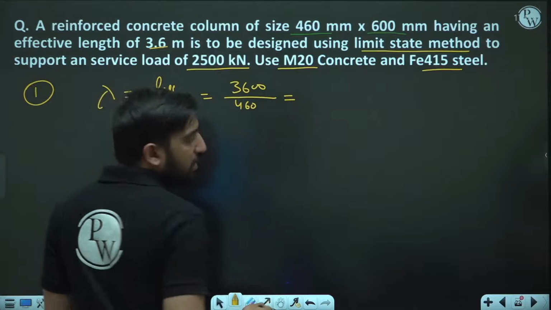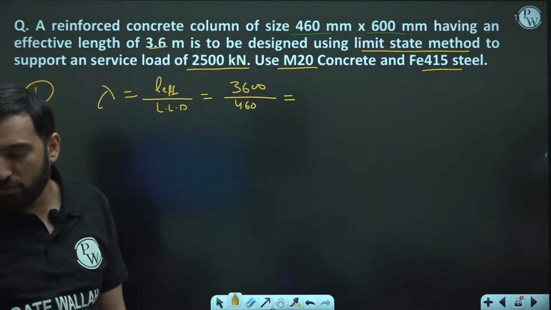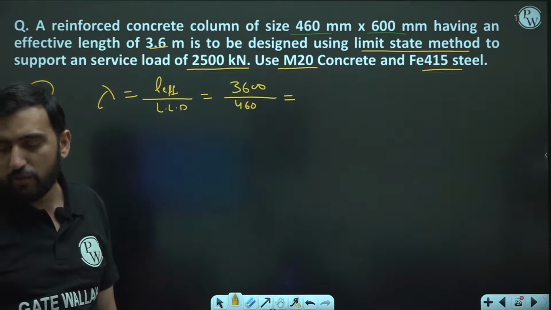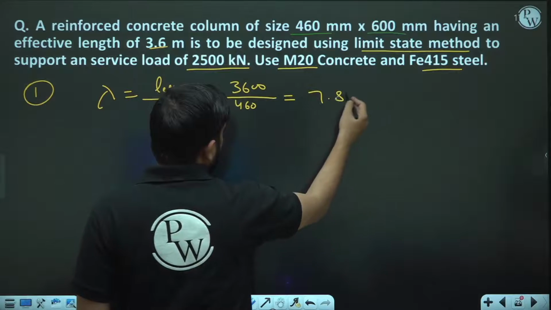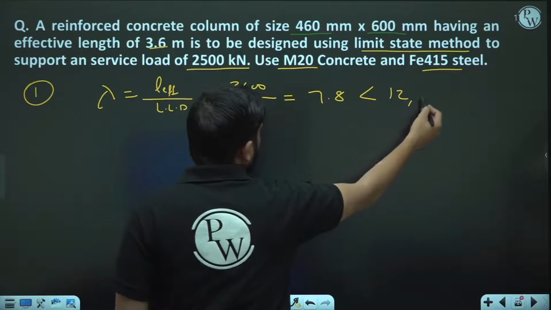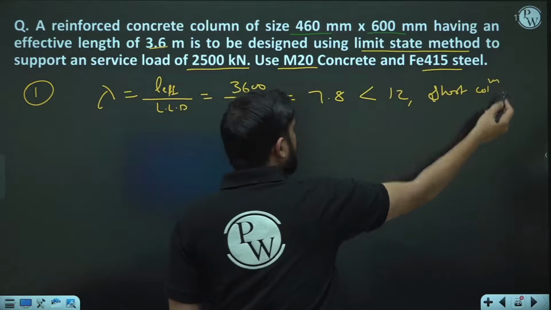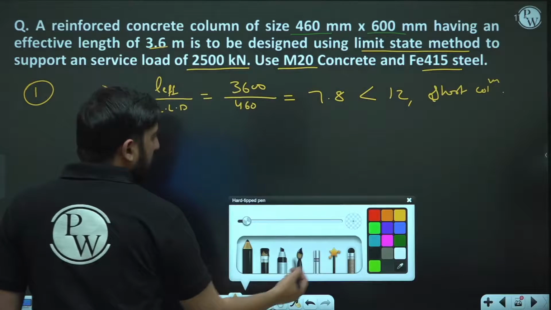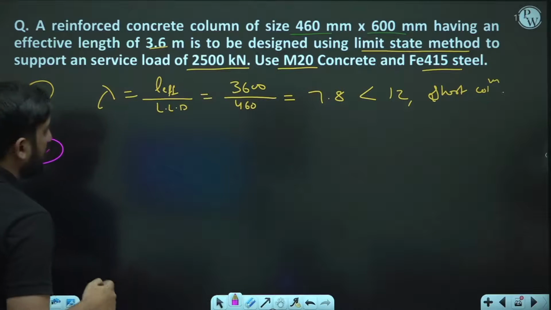So this value is coming out to be 7.8, which is less than 12. So it is a short column. Next is the eccentricity check, which is quite logical and conceptual as well.